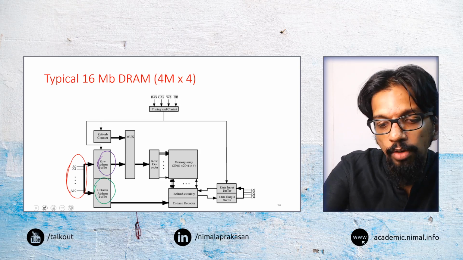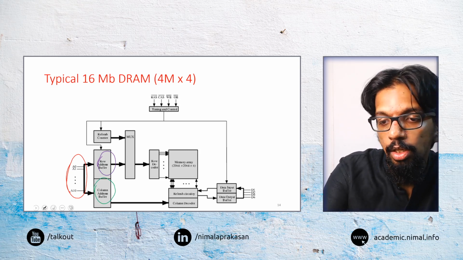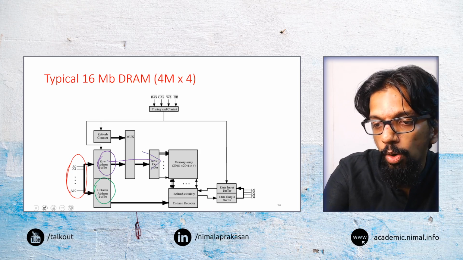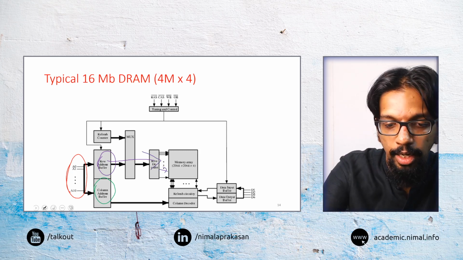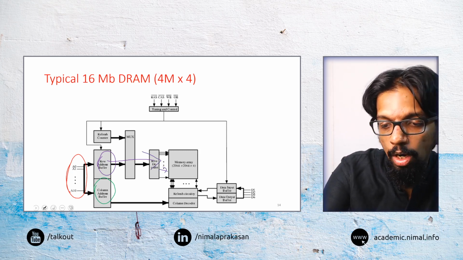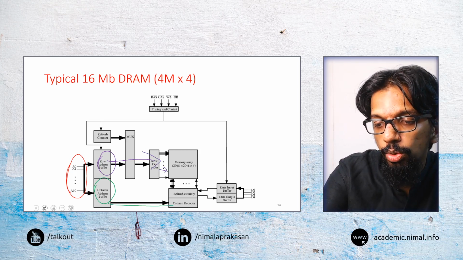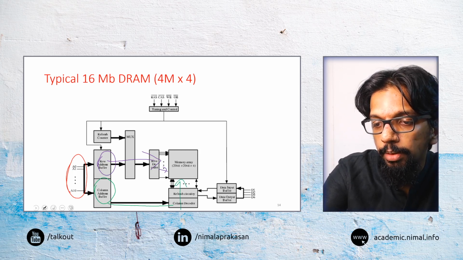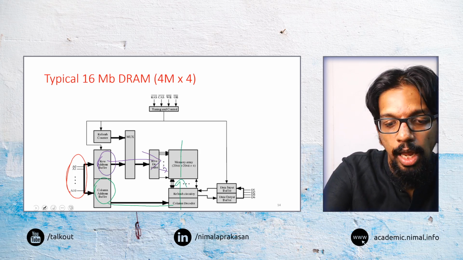The row address can be fed through a row decoder, and that would specify the row in the memory array, and the column address can be fed through a column decoder, and that would specify the column in the memory array.